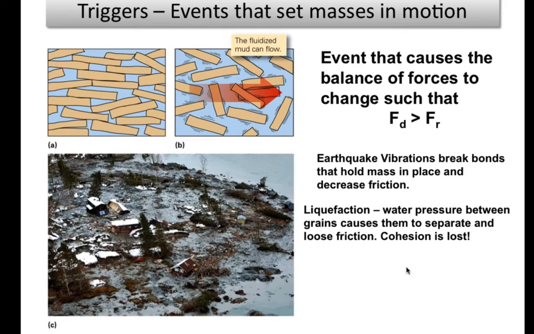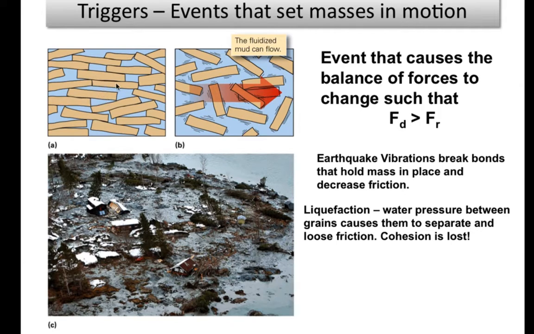What are some of the triggers that can set this mass in motion? So I mentioned earthquakes. Vibrations are one of the main ones that can occur. Also, these vibrations will cause the ground, especially loosely consolidated material, to shake like quicksand, where the pore spaces between grains, because here you can have surface tension, hydrogen bonding, kind of hold these things together.